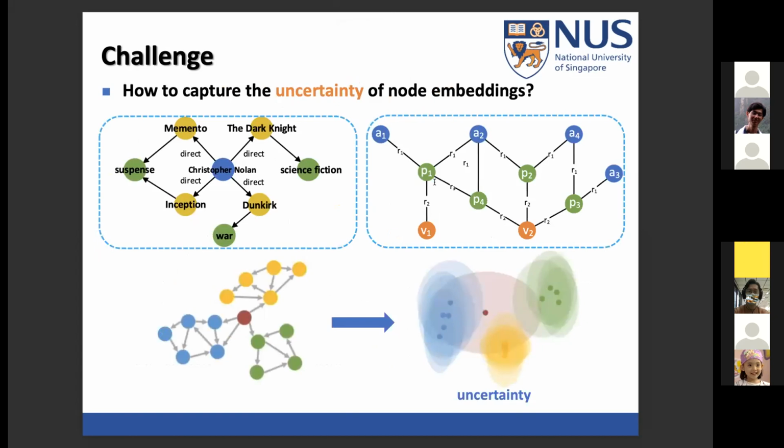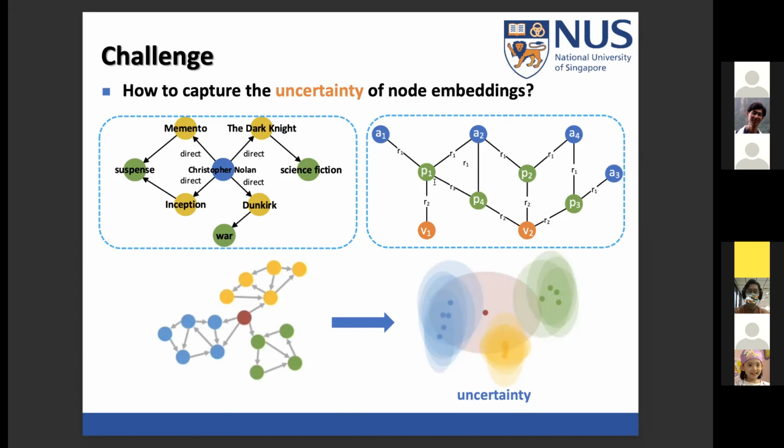Okay. The second challenge is how to capture the uncertainty of node embedding. I will use 2 examples to explain it. As shown in the 2 figures, the left one is a heterogeneous movie network, where the blue node represents a director, the yellow node represents a movie, and the green is its movie type. The blue node here represents director Christopher Nolan.